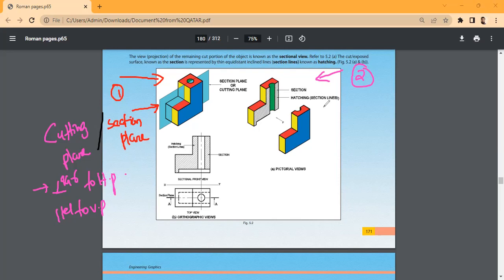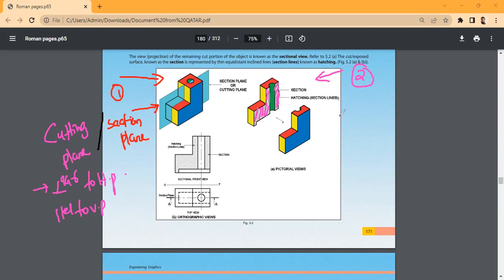Then what is called hatching? Hatching. The 45-degree lines that show a section. Yeah, the 45-degree inclined lines that show this section. Okay, that is called hatching, and these lines are called hatching lines. So this is called a section, and we use these 45-degree inclined lines for representing the section.